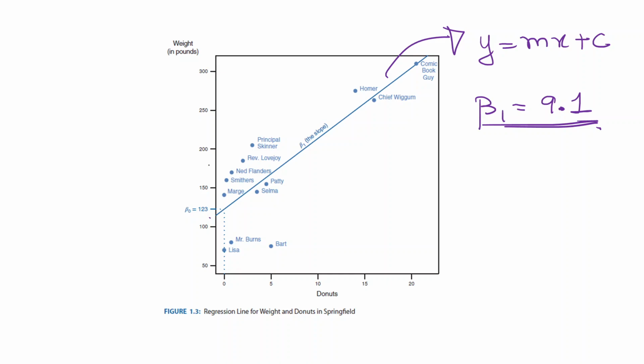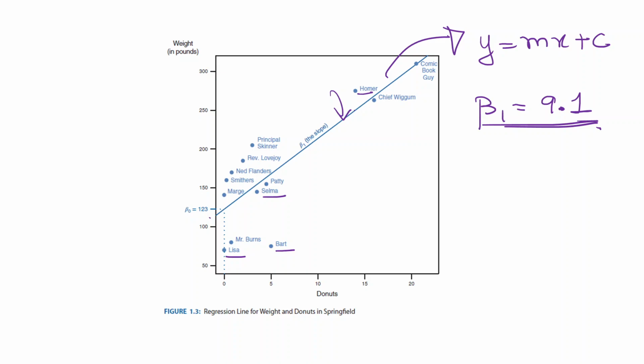The slope basically means that for each donut eaten per week, the weight is about 9 pounds higher. Now the important thing to note here is that the actual observations will not fall on this line. The observations for Lisa, Bart, Selma, and Homer are not on this line. They would have been on this line if their weight could be explained just by the amount of donuts they consume.